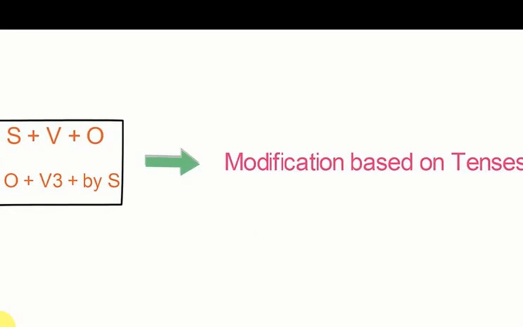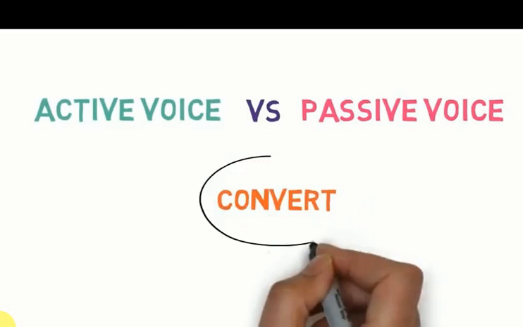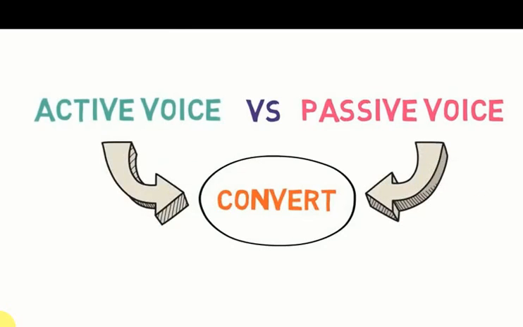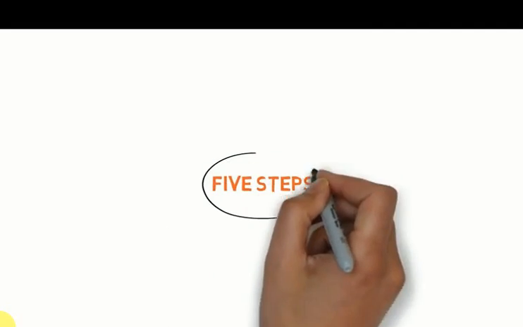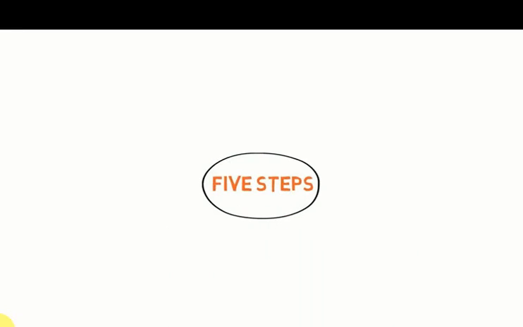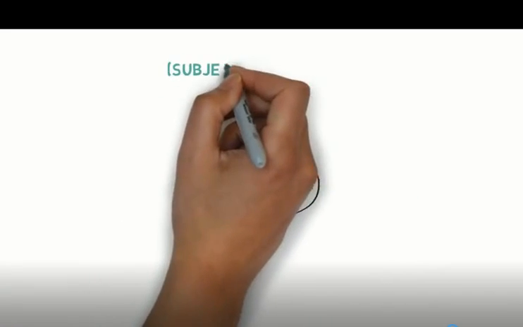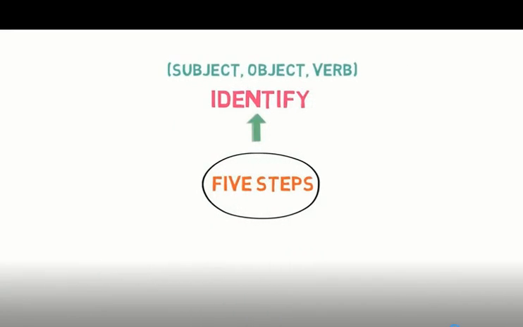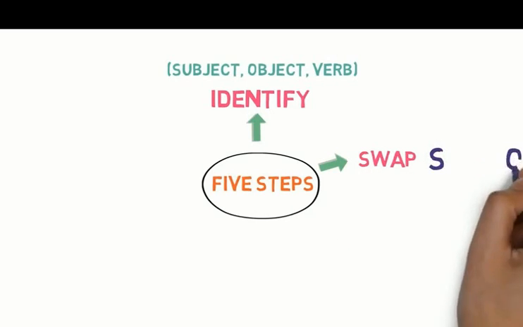Okay, now let's see how we can convert active voice to passive voice. There are basically 5 simple steps in converting an active voice to passive voice. Let us see one by one. First, identify the subject, object and main verb in the given sentence. Second, swap the subject with the object and the object with the subject.